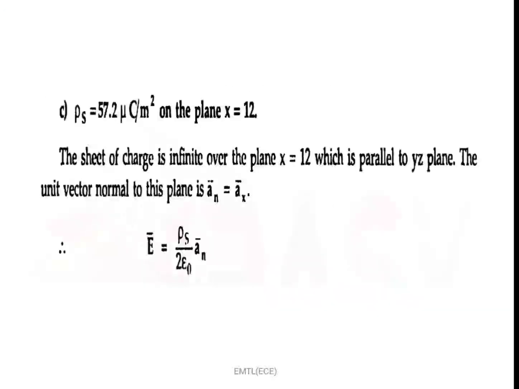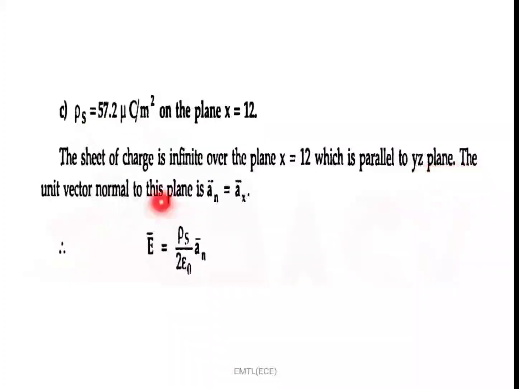And next, the another problem. Here the surface charge density is 57.2 microcoulomb per meter square along the plane x equal to 12. That means the sheet of charge is infinite over the plane x equal to 12, which is parallel to the yz plane.